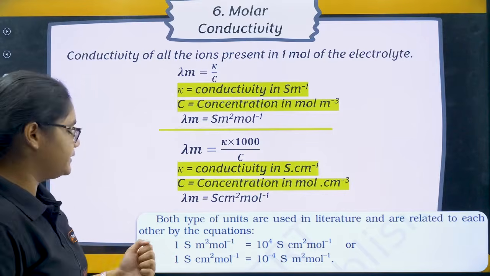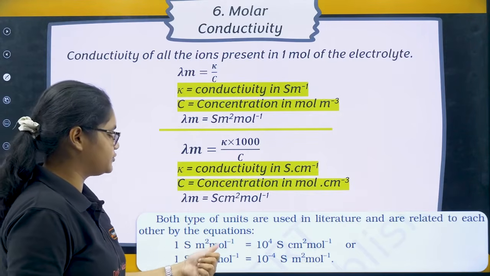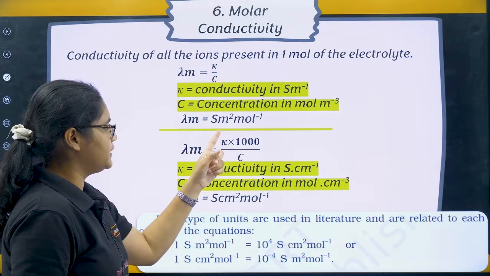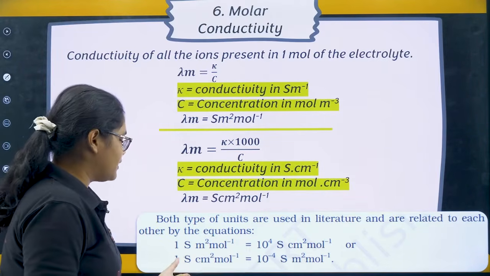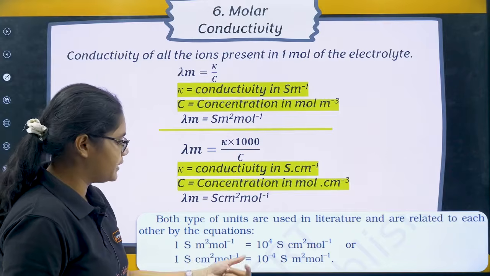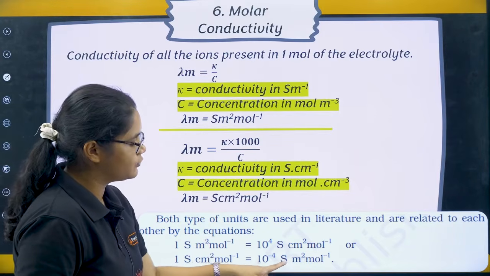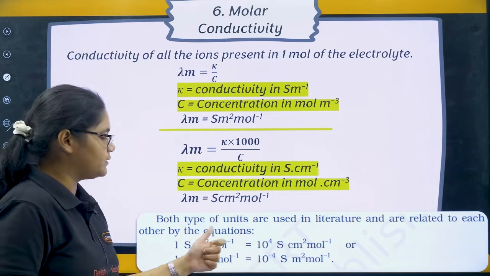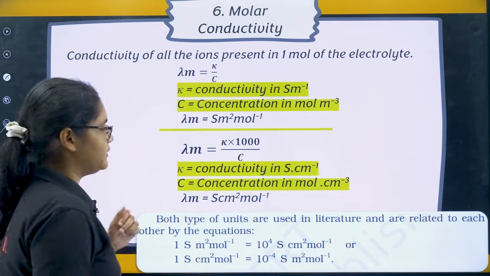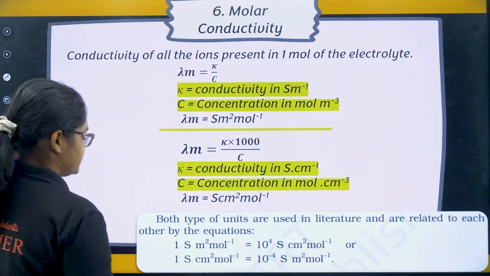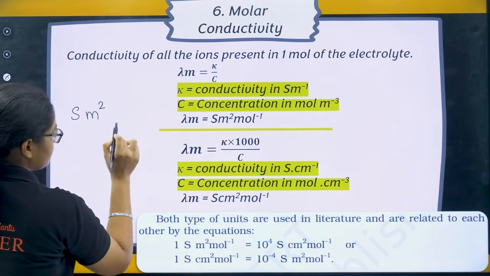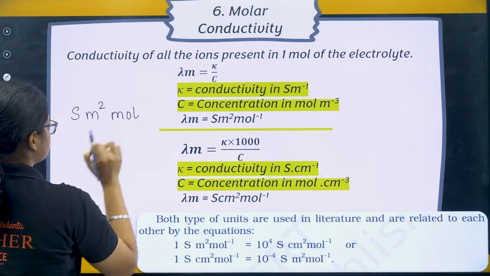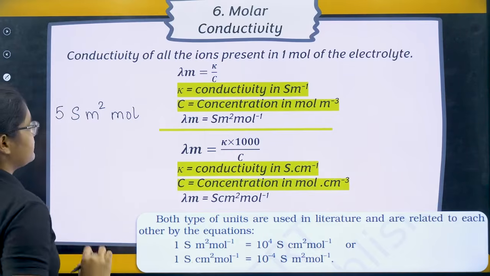Next, you can convert them internally. So 1 S meter square mole inverse will be equal to 10 to the power 4 S centimeter square mole inverse, and 1 S centimeter square mole inverse will be equal to 10 to the power minus 4 S meter square mole inverse, because you know 1 meter equals 100 centimeter. To explain, take for example 5 S meter square mole inverse.